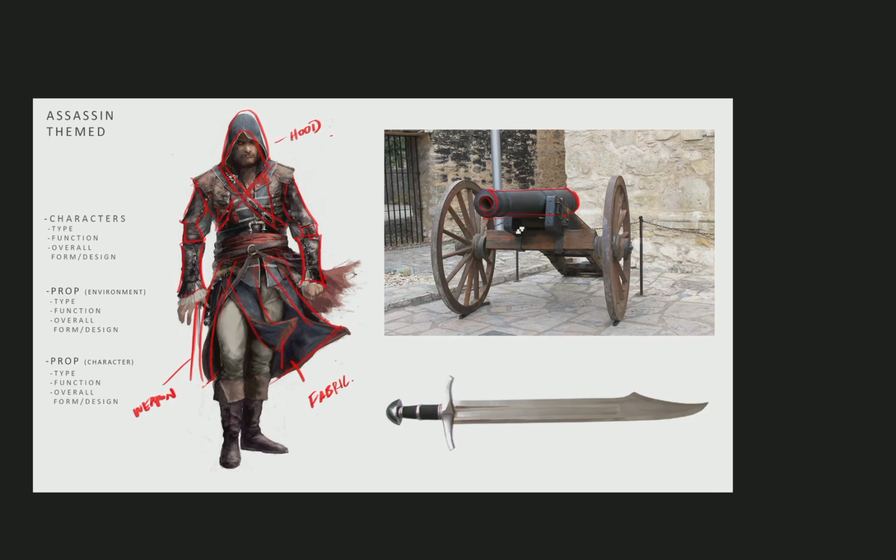And the overall form and design, we notice that there is a cylinder here for the actual cannon. We got two circular elements here. Circular or oval, right?